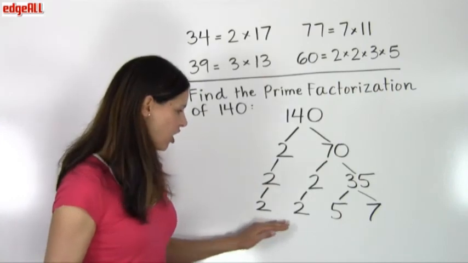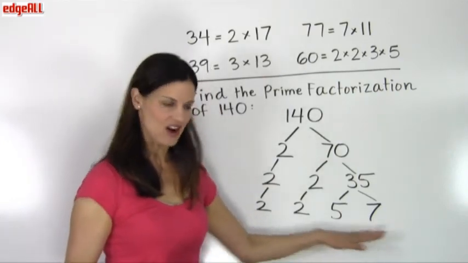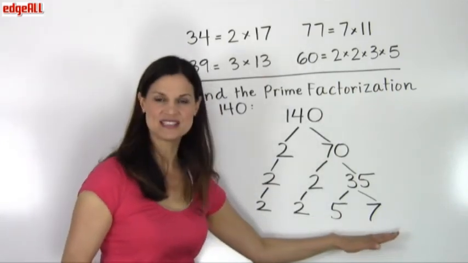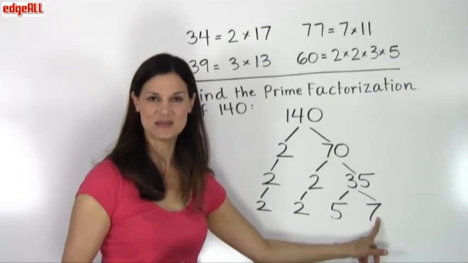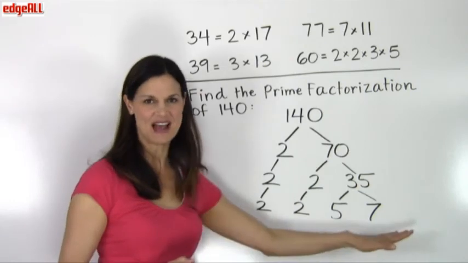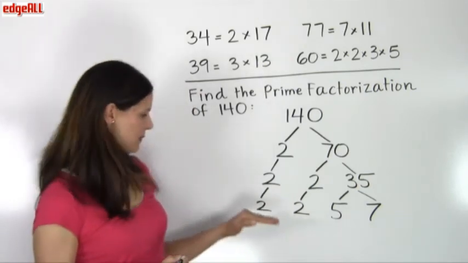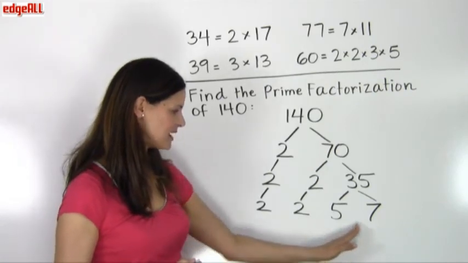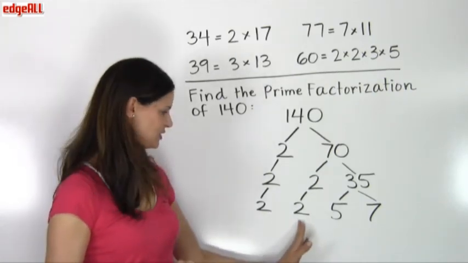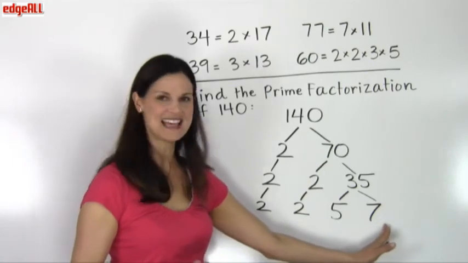Now that all the numbers in my row here are all prime numbers, I can stop. If this number was still a composite number, I would need to do another level of the pyramid. But I can stop at the point in which I have all prime numbers, 2, 2, 5, and 7.